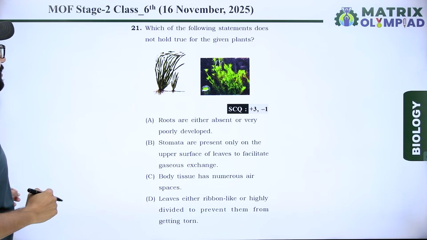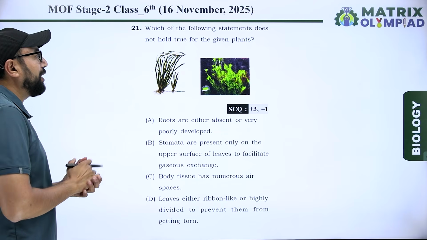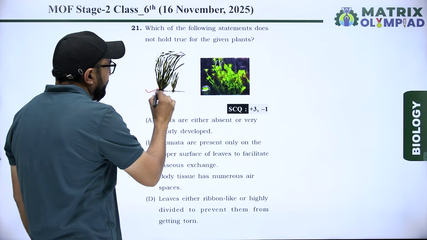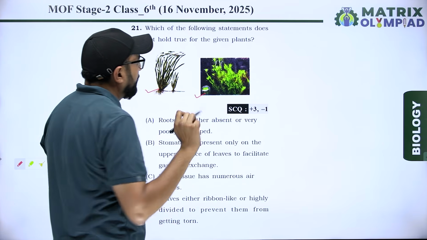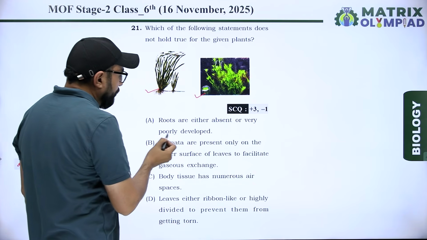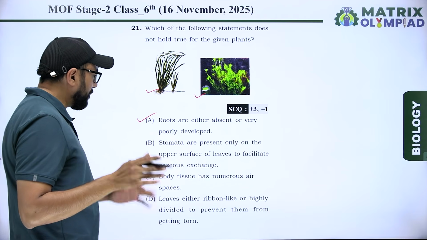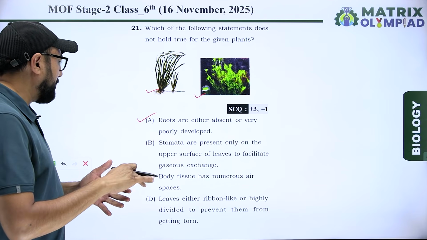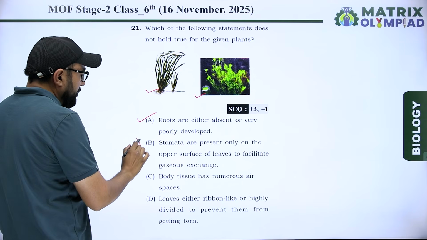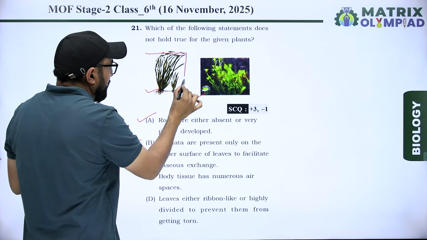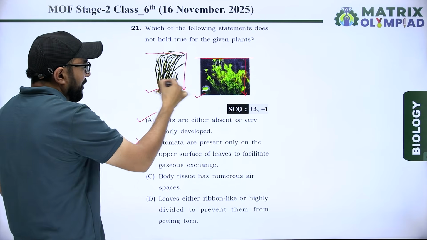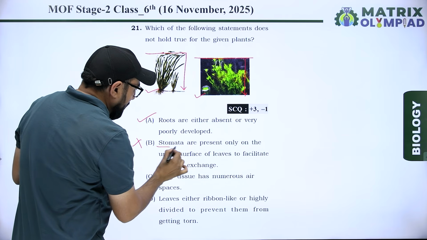Which of the following statements does not hold true for the given plant? In the diagram, the given plants are Vallisneria, an aquatic plant, and Hydrilla, an aquatic plant. Option A, roots are either absent or very poorly developed, right. Option B, stomata are present only on the upper surface of leaves to facilitate gas exchange, wrong, because the plants are deeply submerged in water, so inside the water stomata are absent.